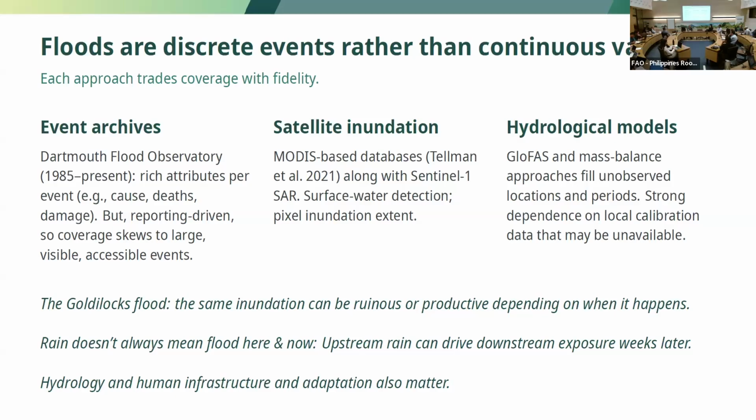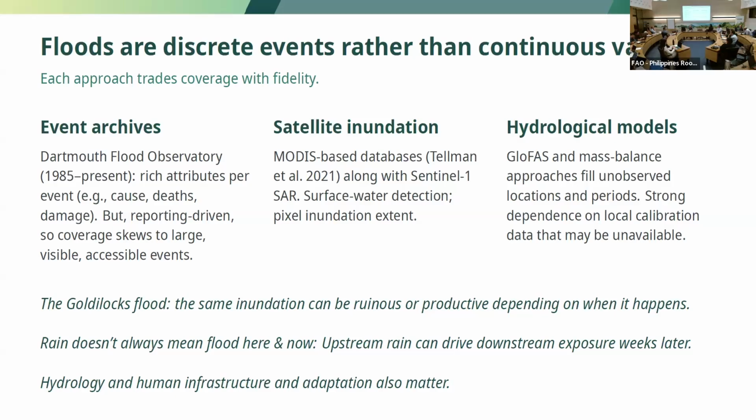You have satellite-based inundation measures, and we also have hydrological models, and in some cases, the blending of some of these different pieces together. But there's some other ways of thinking about floods here too. So again, if you're just using thresholds, when it happens and where it happens can really matter. The same type of inundation can really be ruinous or productive depending on when it happens in the growing season.